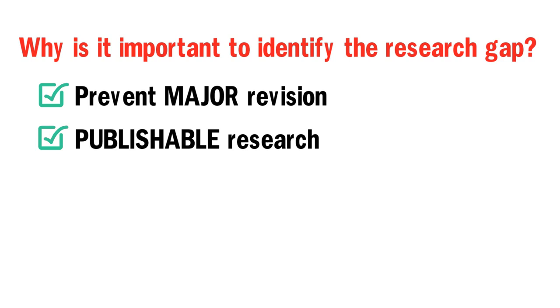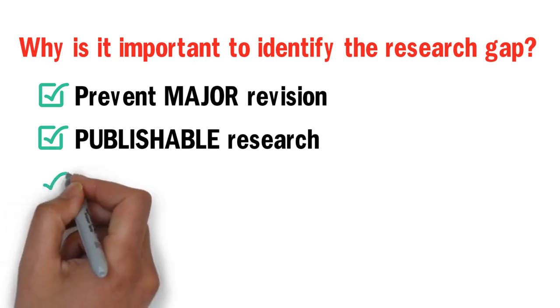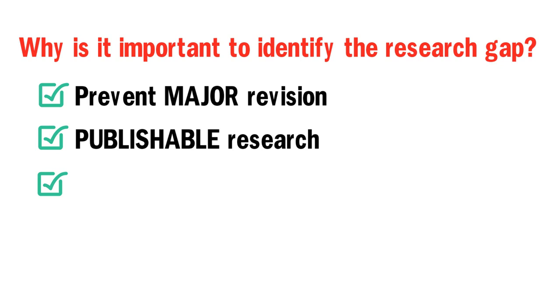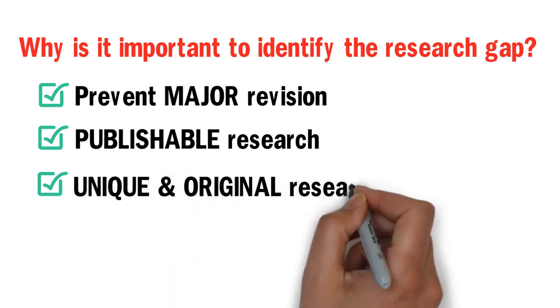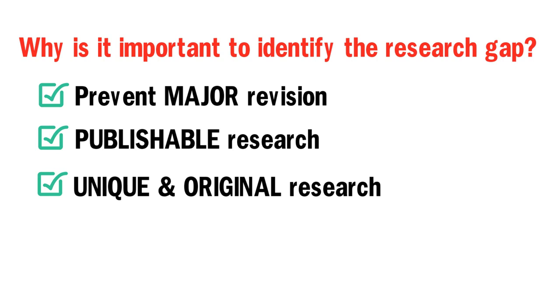For sure, if the researcher clearly identifies the research gap and articulates it in the background of the study, the reviewers or thesis defense panel members will be able to conclude right away that the proposed research project is unique and original because it is not a duplication of what has been done in the past.